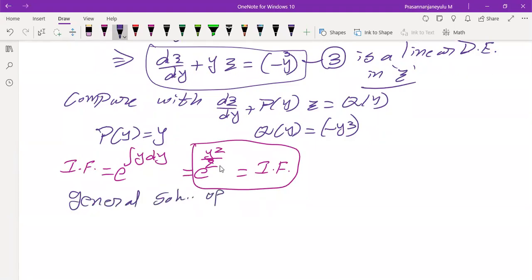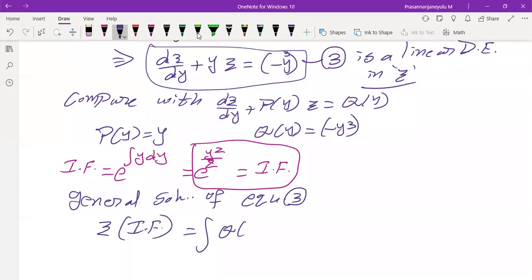Equation 3 is linear in z, so z into IF is equals to integration of Q of y into IF into dy.